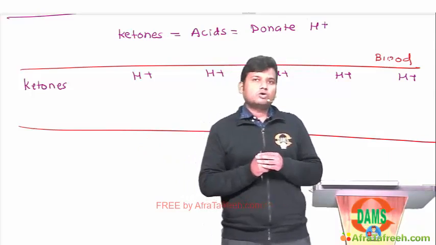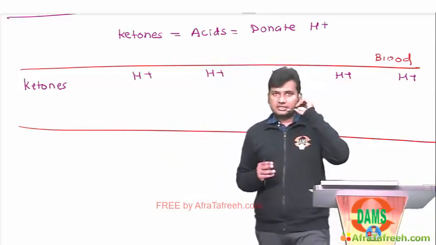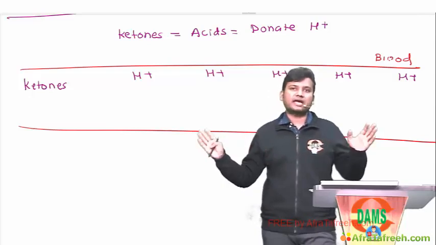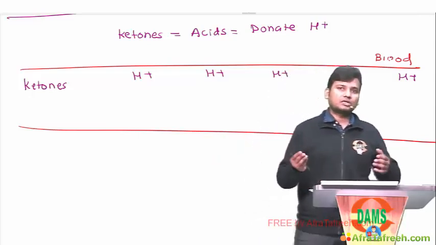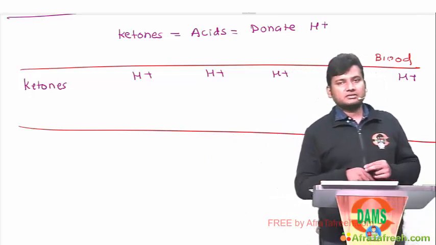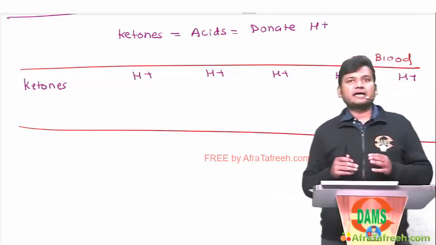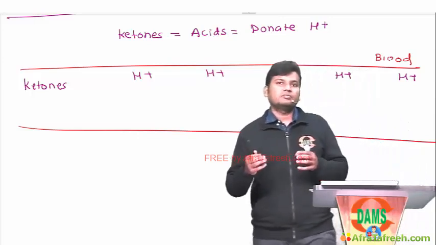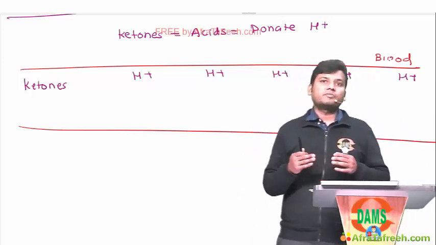Now, a lot of H plus ions are present in blood, and our body wants to remove and neutralize these H plus ions. To neutralize these H plus ions, we have a buffer system. We have a buffer in our blood, which is bicarb.